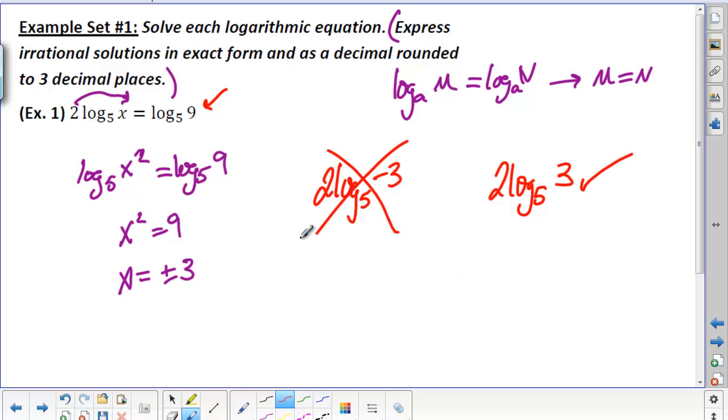We can't have negative values inside that logarithm. So really the only solution to our equation is x equals positive 3. You've got to check those and make sure they work in the original equation you're given. The values inside the logarithm have to be positive.